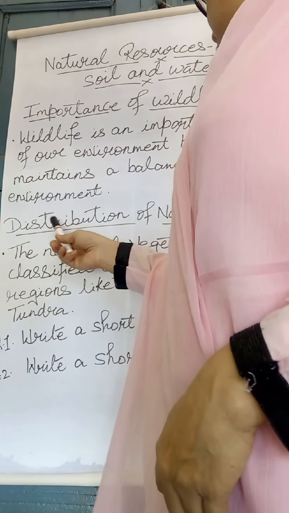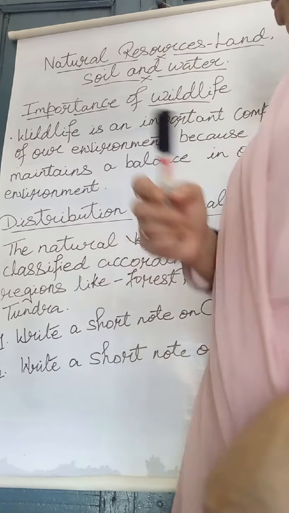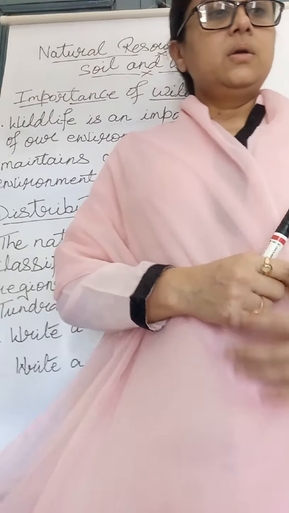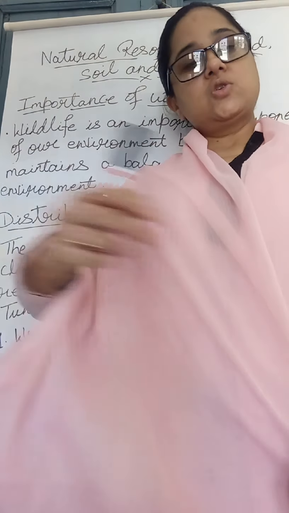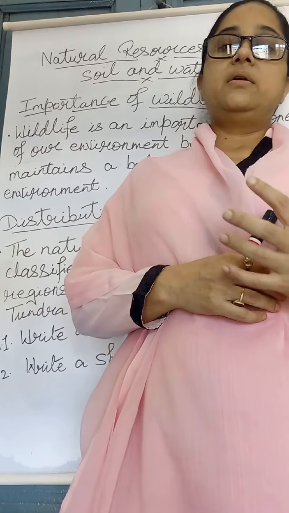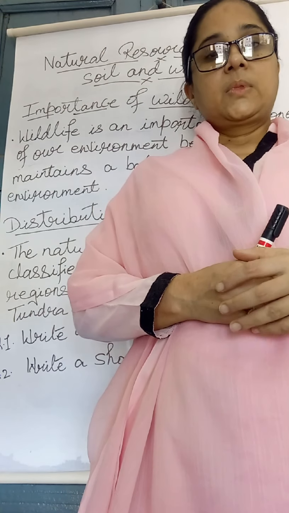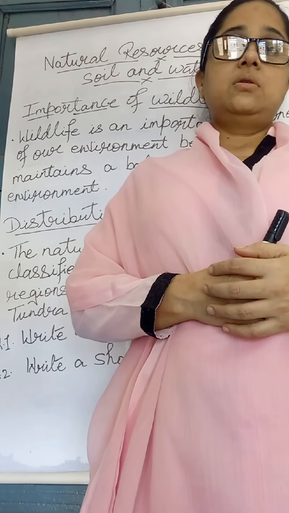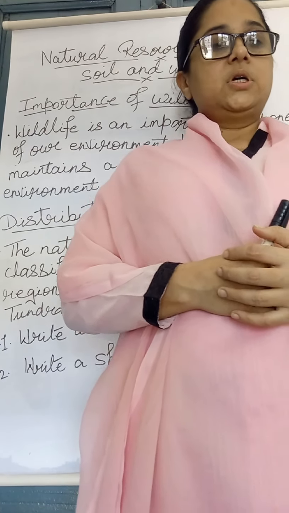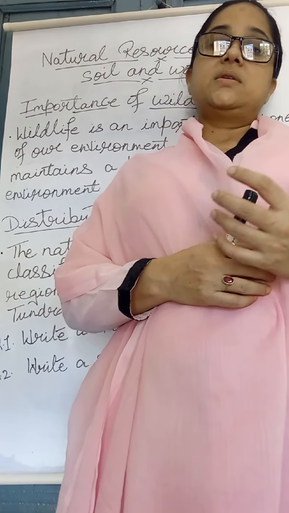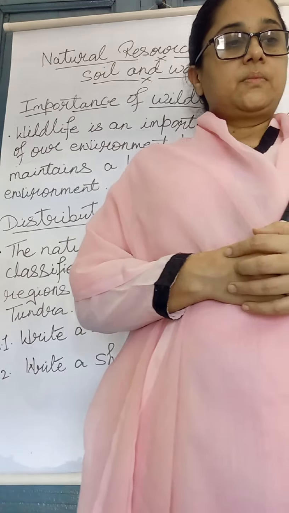Now next, distribution of natural vegetation. The growth of vegetation depends on moisture and temperature. Whatever vegetation, trees, plants are grown or any animals survive, they depend upon the climate as well as the moisture.